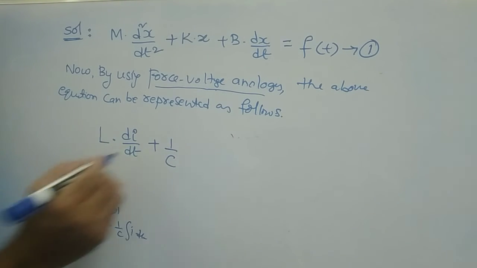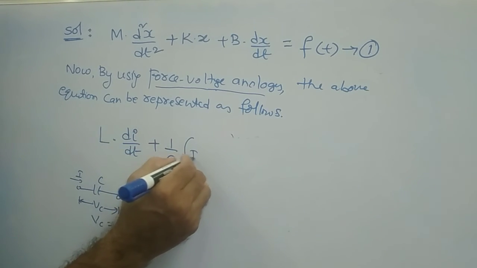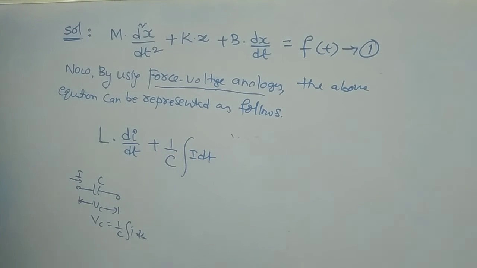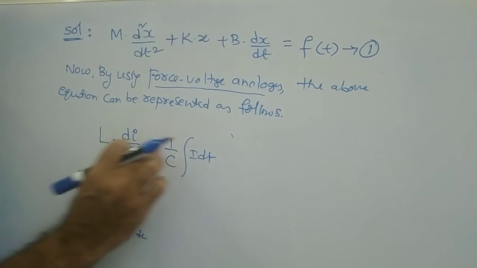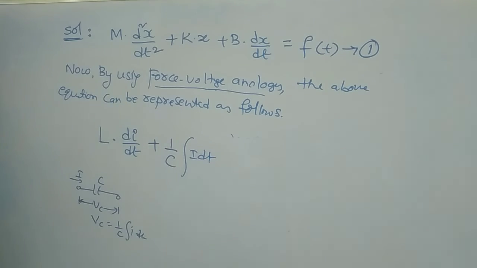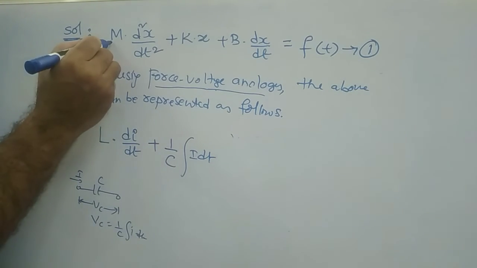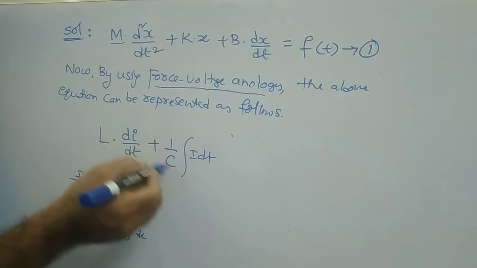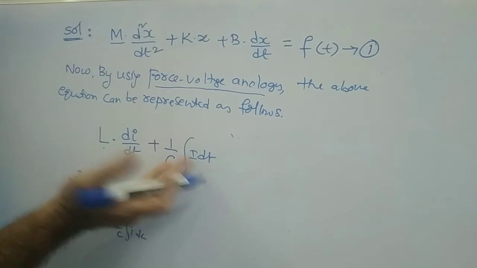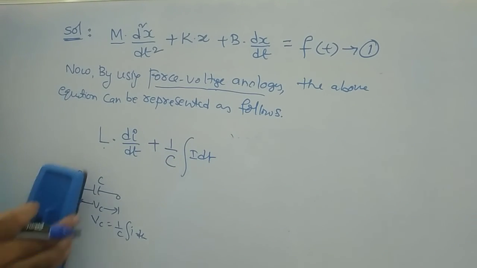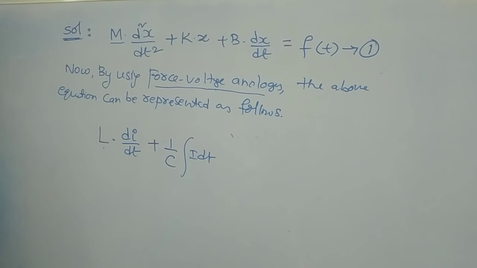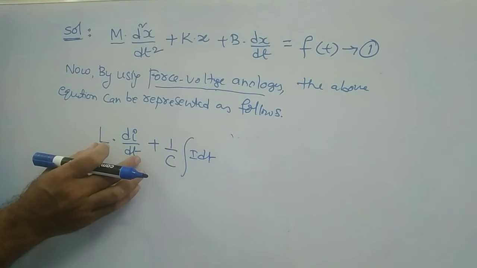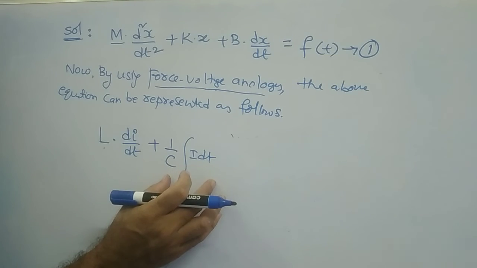Obviously integral of I dt will come. Directly you can write actually, because it is a voltage equivalent. Only if you remember M equivalent to L, K equivalent to C, then you must write the voltage across the capacitor, that's all. Okay, this is the voltage of the inductor, this is the voltage of the capacitor.